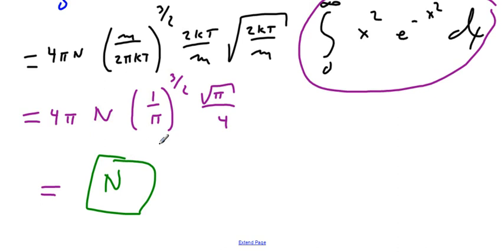So we did the A part of the question. So now we have to do the B part of the question. And probably it would be best to get a new piece of paper.